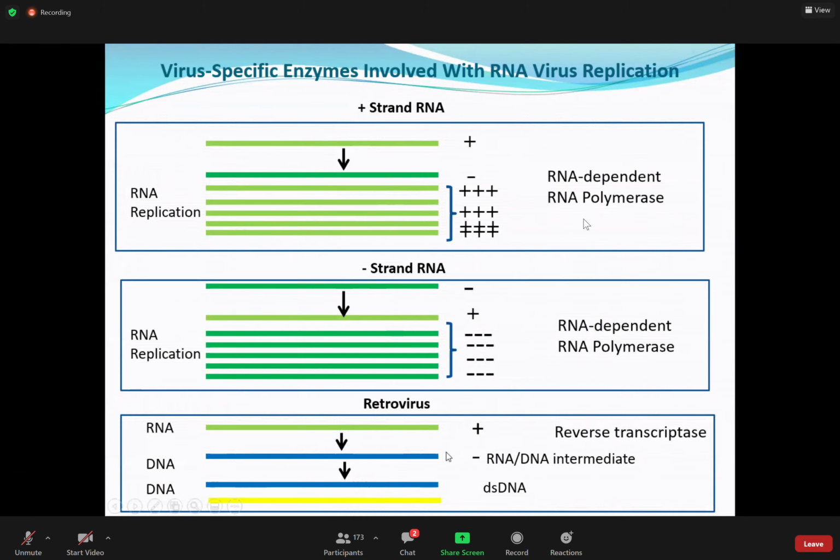And from that minus strand DNA is then read a plus strand DNA to create a double stranded DNA, and that RNA molecule is degraded. Once you have this double stranded DNA, that can insert itself into the host cell chromosome, so you can get a latent virus. And this is brought about by this special enzyme called reverse transcriptase, because it's reverse transcribing. It's going backwards from the central dogma of DNA to RNA. It's going from RNA into DNA.